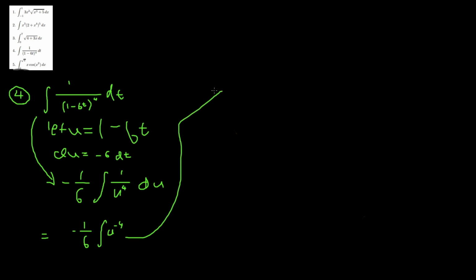So we get negative 1 over 6 times negative u to the negative 3 over 3 plus c. Can't forget that plus c.